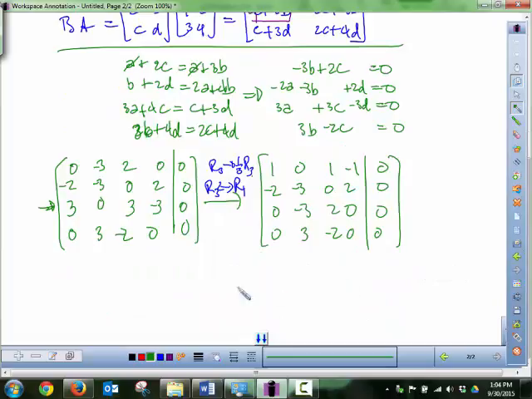Going to be a long page here. All right, what can we do? Maybe we need to wipe this negative 2 out. So I'll take row 1, multiply that by 2, and add that to row 2.